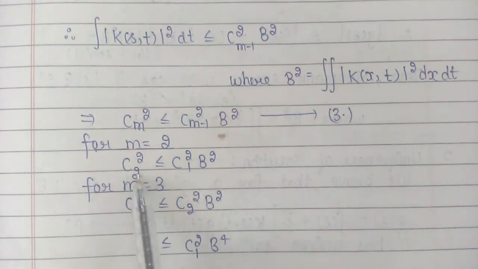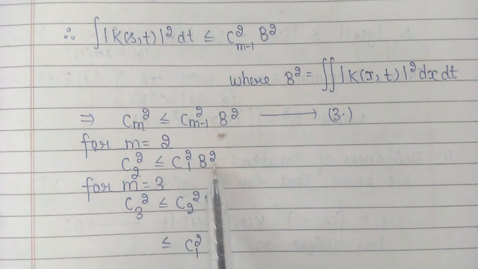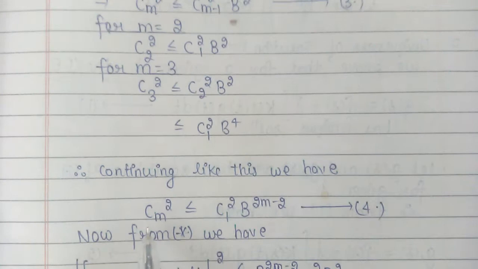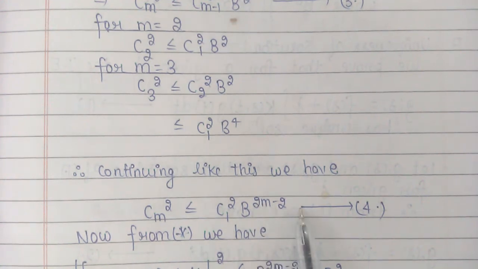Now because c_2^2 is less than or equal to c_1^2 times b^2, substituting the value here, this will be less than or equal to c_1^2 times b^2 times b^2. So we can say that c_3^2 is less than or equal to c_1^2 times b^4. Continuing like this, in general we get c_m^2 is less than or equal to c_1^2 times b raised to the power 2m minus 2.